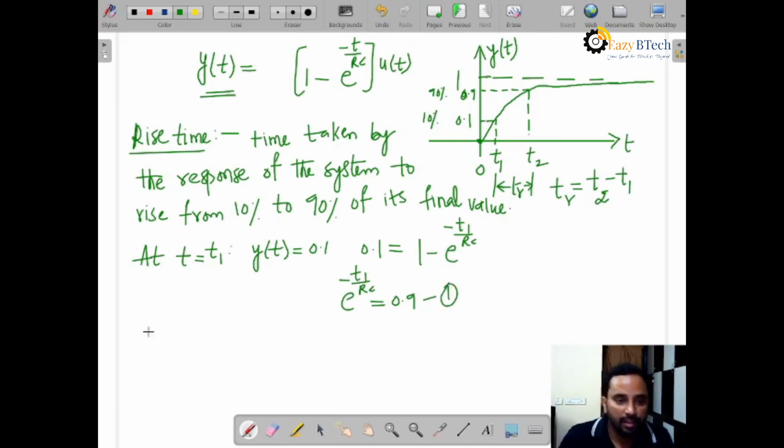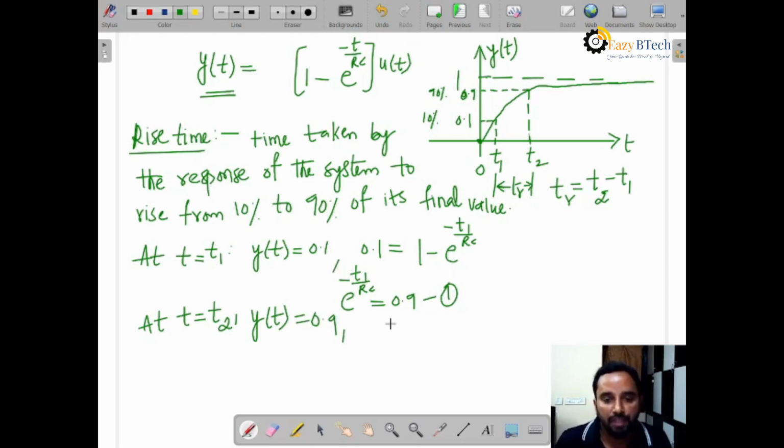And similarly at t equal to t2, see the graph in the output y of t. What is the y of t value at t equal to t2? 0.9. We substitute this in y of t: 0.9 is equal to 1 minus e to the power minus t2 by RC. By this we get e to the power minus t2 by RC equal to 0.1.